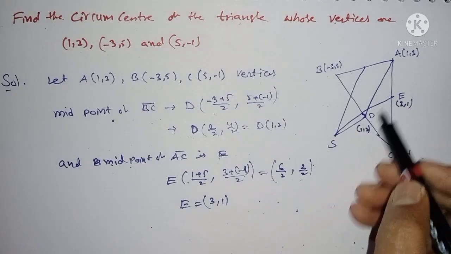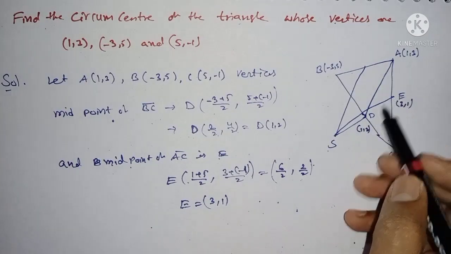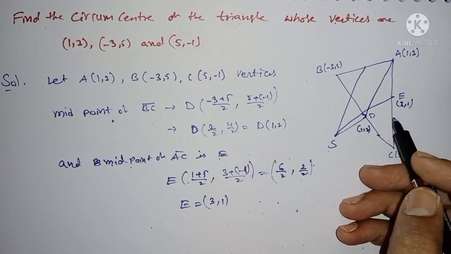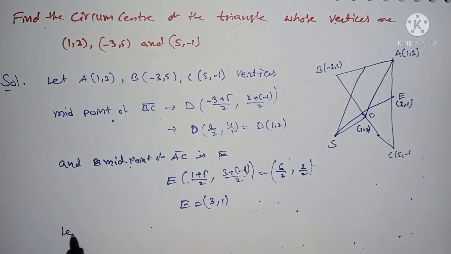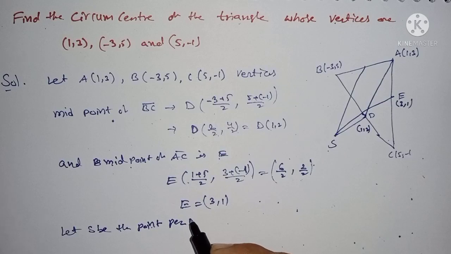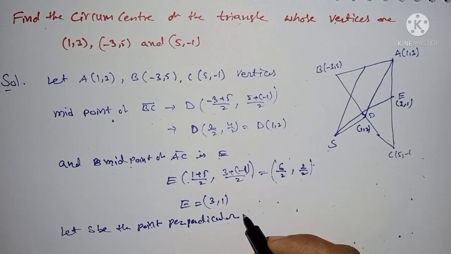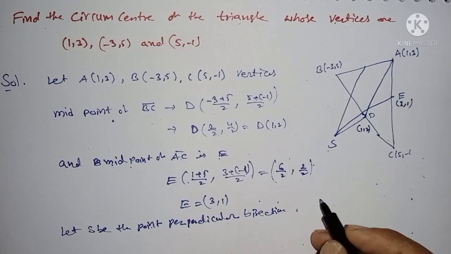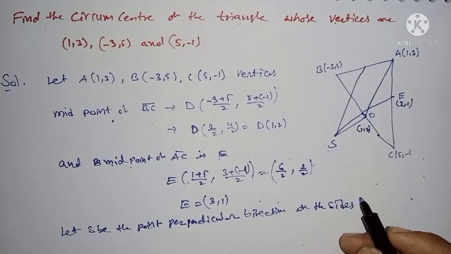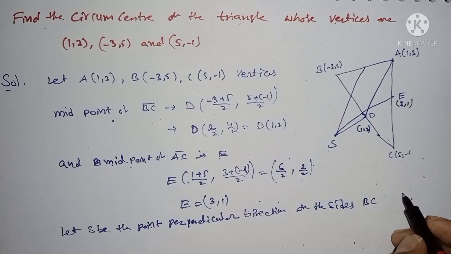Find the equation of SD and SE. Let S be the point of perpendicular bisectors of the sides BC and CA.